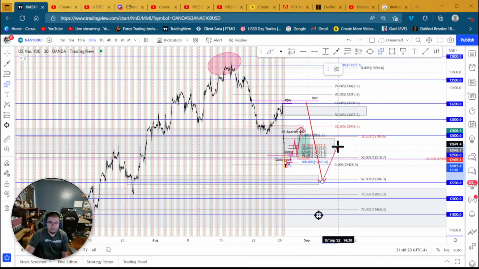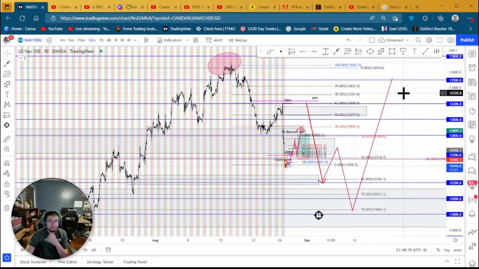It could come up right here, test these areas, or then move lower, and then eventually have its descent to come up wherever it took these highs. It's going to want to come test these highs or this area right here eventually. So I could put this right there eventually.